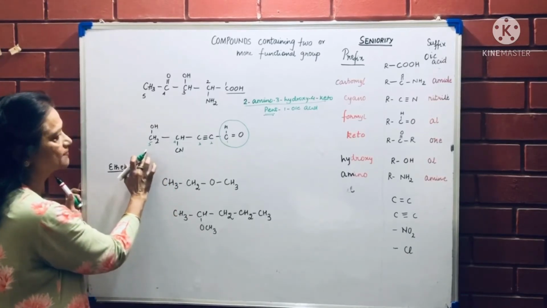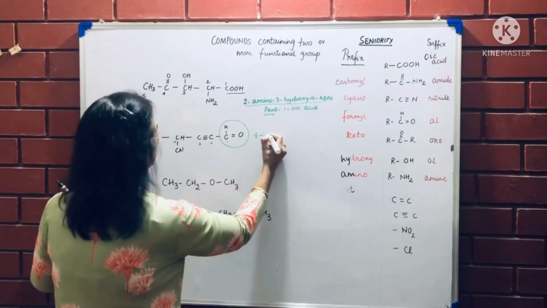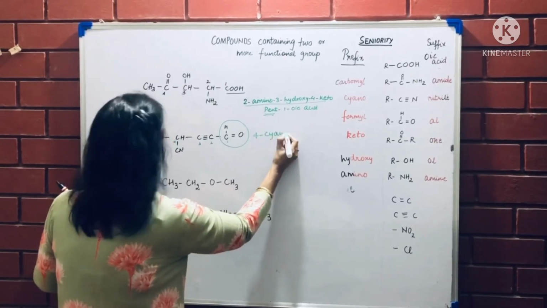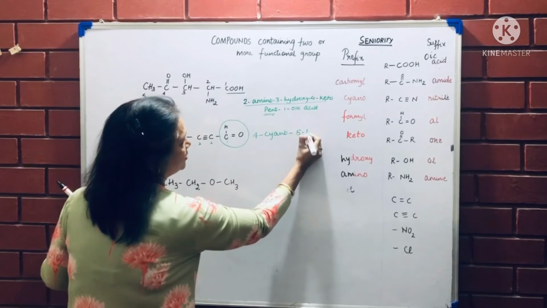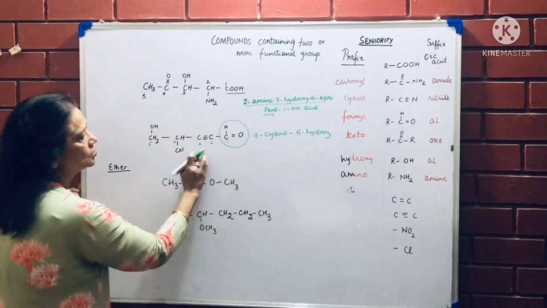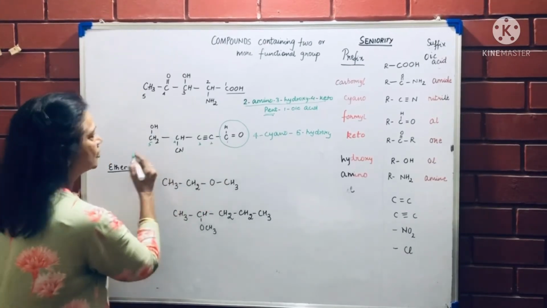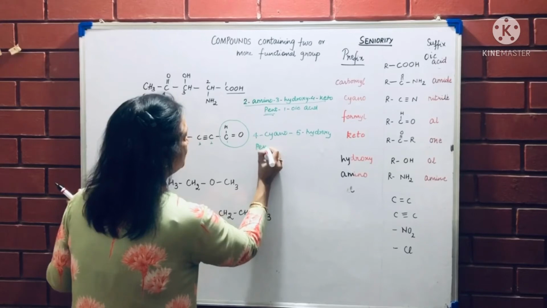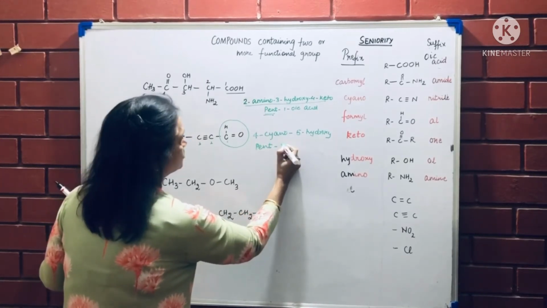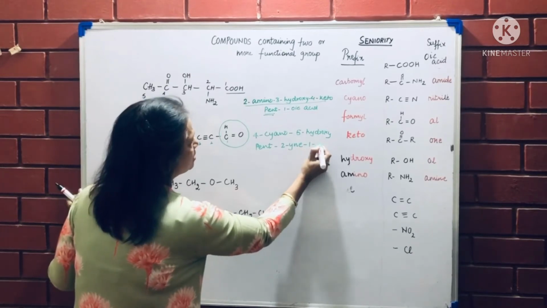And hydroxy is at place 5. So my name becomes 4-cyano, 5-hydroxy. Now I also have this triple bond in this compound. So first is the chain pent-2-yne and 1-al.